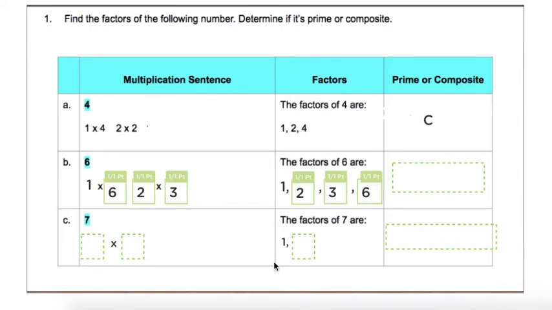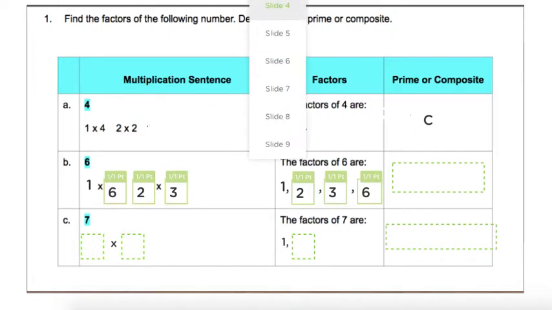Now, is the number 6 prime or composite? Let's first count how many factors we found. Count with me: 1, 2, 3, 4. Keep that number in your head. We found 4 factors.